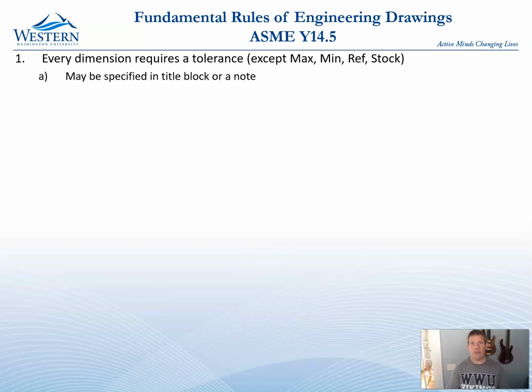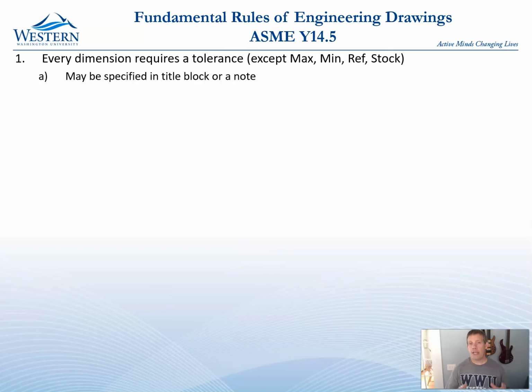You need to think about every dimension. Is this an important dimension? In which case it might get 2 or 3 decimal places. In the US imperial system, generally 2 decimal places. In the metric system, if you're based in millimeters. And if it's something that's not very important, then it might have 1 decimal place.